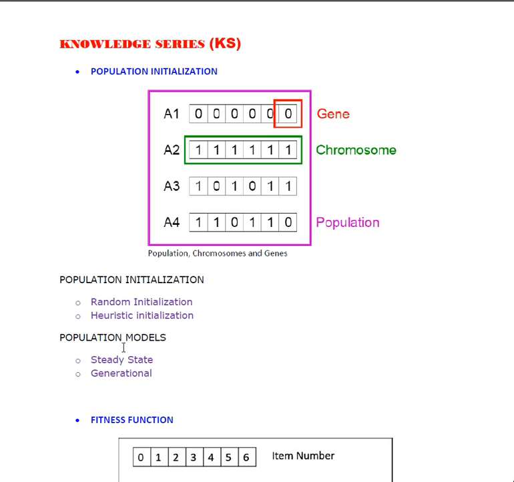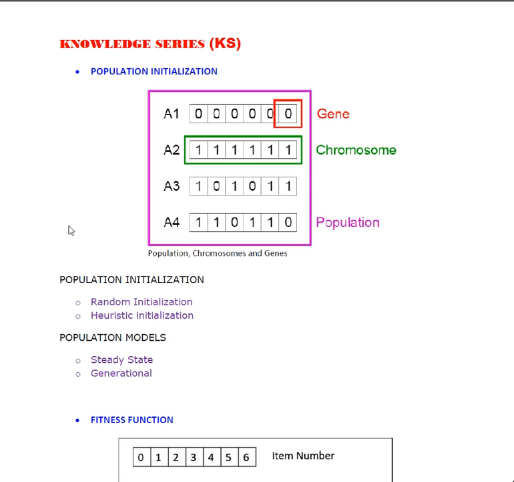That means in the case of steady state, the previous population's chromosomes will be replaced by the new offspring, and thereby you will get better results.